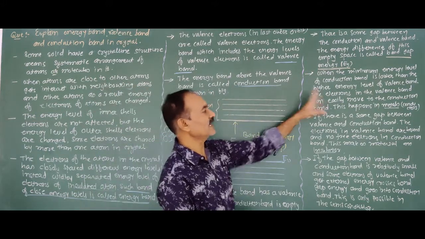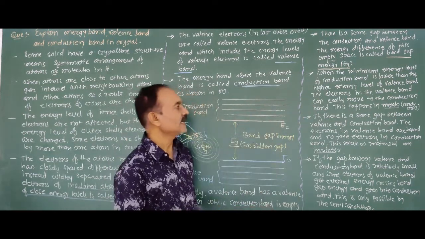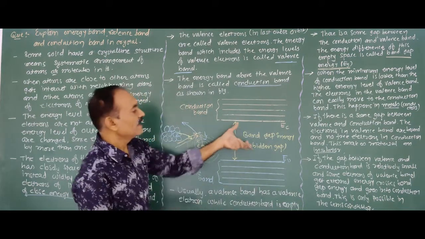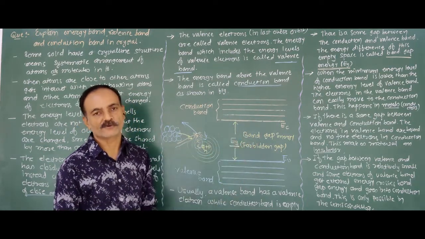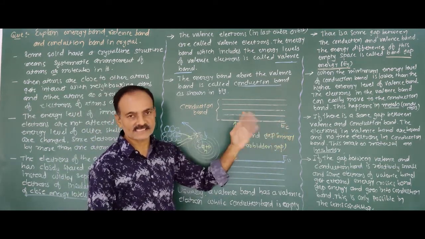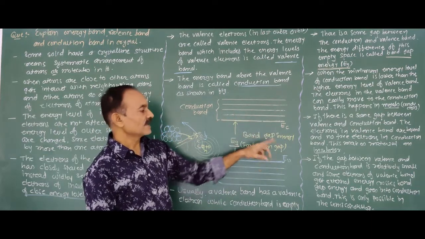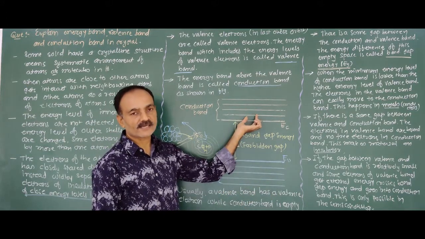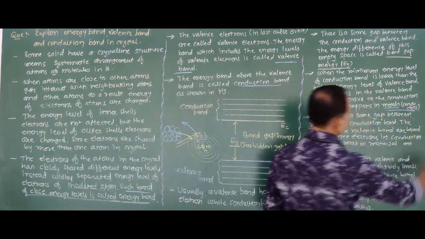The electrons in the valence band can easily move to the conduction band, and this happens in metals or conductors. That means the gap between the conduction and valence band is almost zero, or in other words, the valence band and conduction band overlap each other. We will discuss this later. So at that time, the electrons in the valence band easily go to the conduction band, and this happens only in metals or conductors.